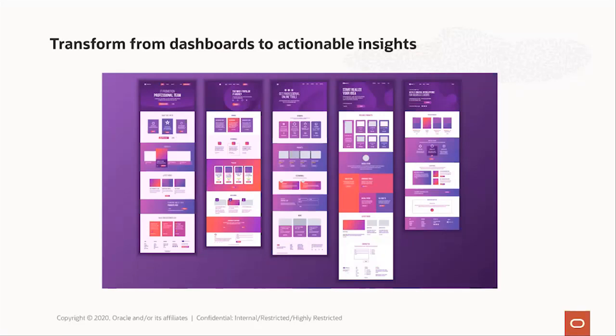What we want to do with OCI anomaly detection is, how do we really transform those dashboards with identified anomalies so that the user can immediately jump into identifying what kind of action he or she needs to take to resolve those anomalies.